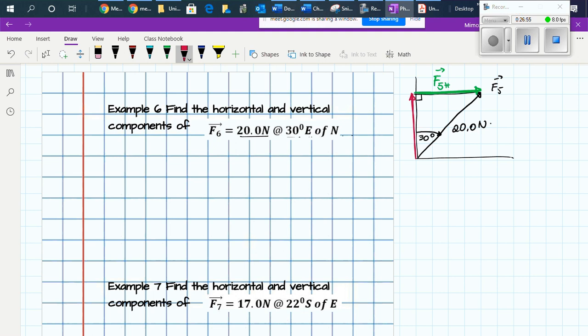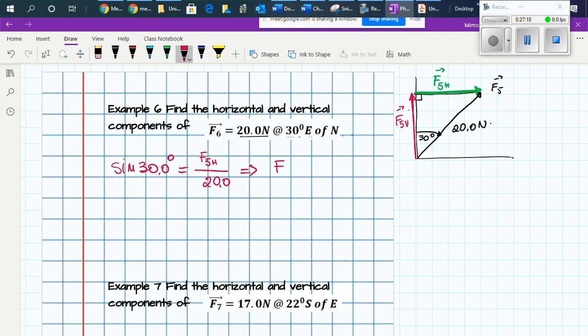So this is F6 vertical. And now, since the horizontal is the opposite of 30 degrees, then we will go sine 30 is equal to whatever is the horizontal over 20.